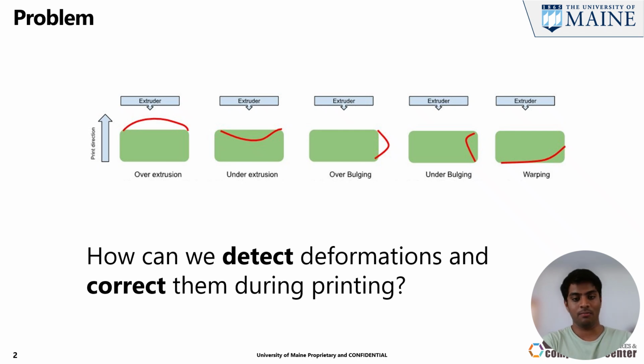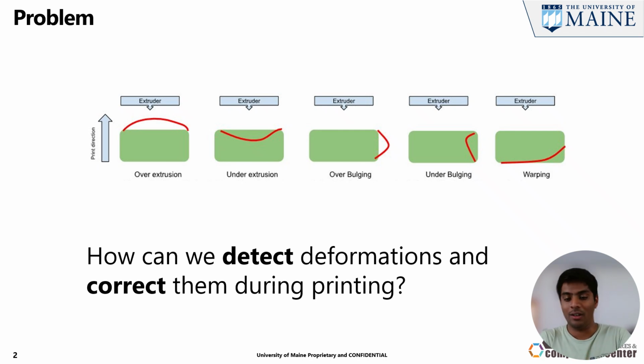I have just attached some notes on what kind of deformations we intend to detect, like over extrusion, under extrusion, over bulging or under bulging, or warping. So the idea is if you have a set of 3D points or a 3D model of the print, you can exactly point to the deformation and you can get a metric for deformation.